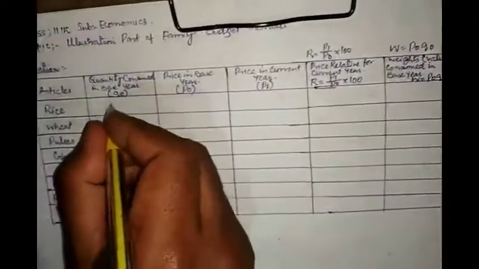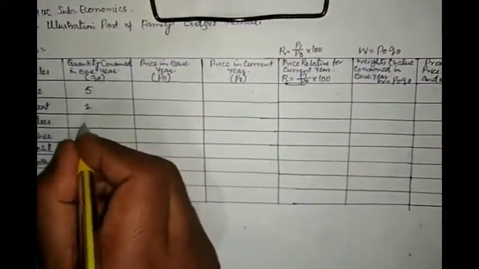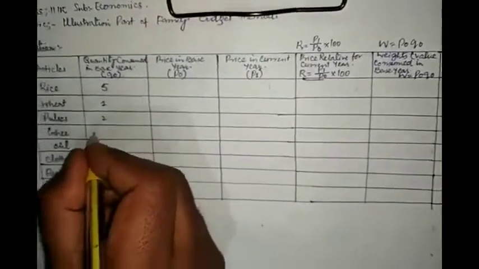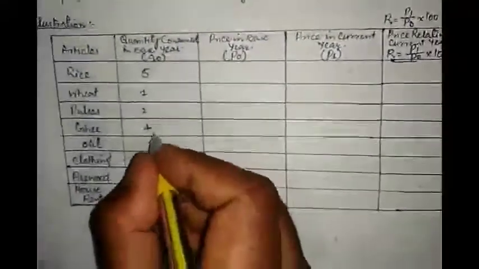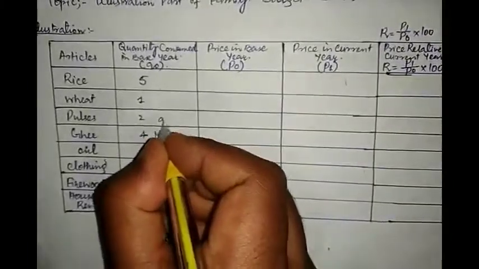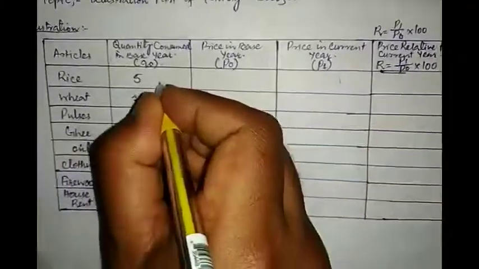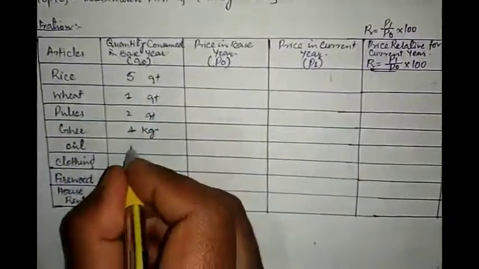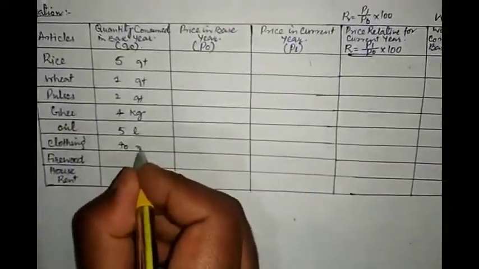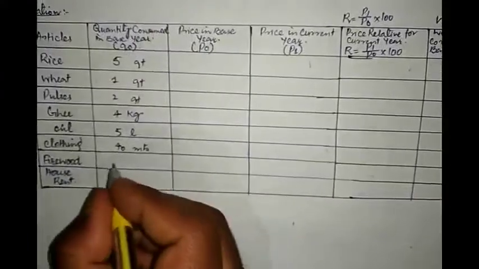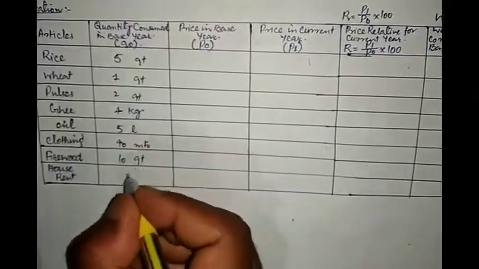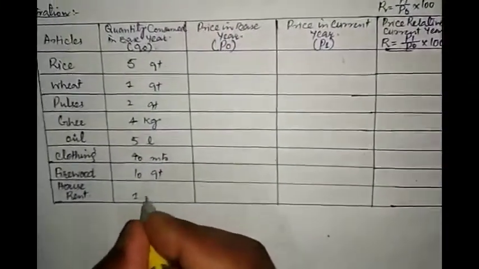Same data: 5 quintal, 1 quintal, 2 quintal, 4 kgs, 5 liter, 40 meter, 10 quintal, 1 house.